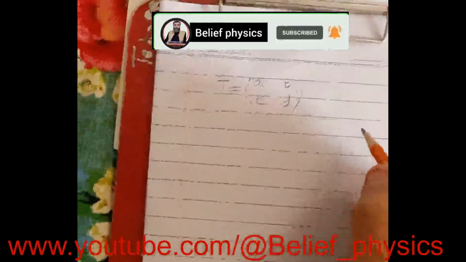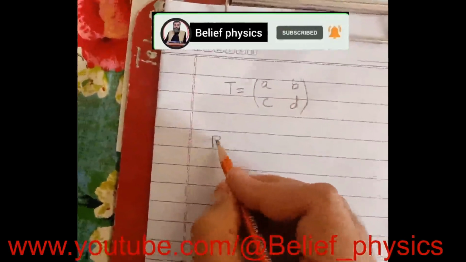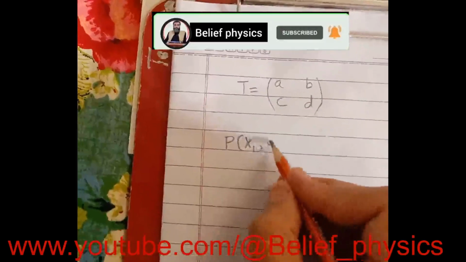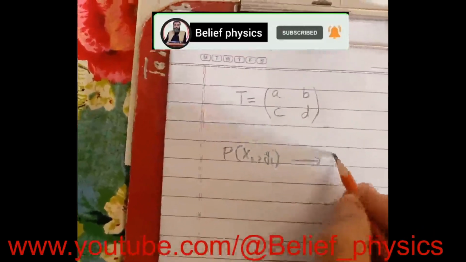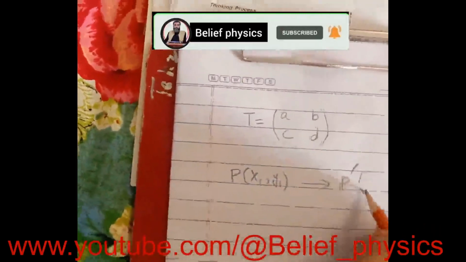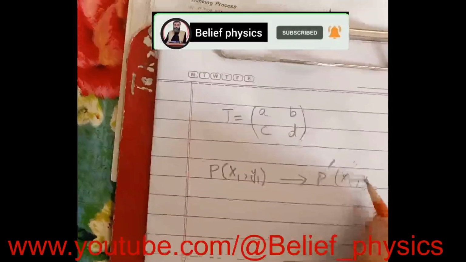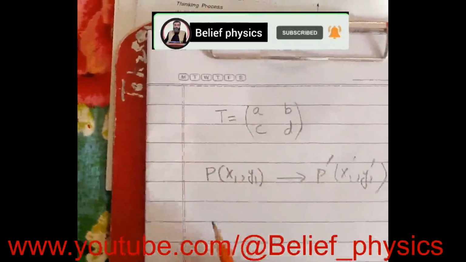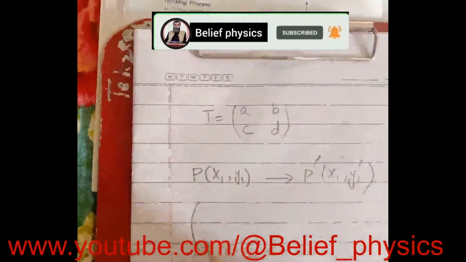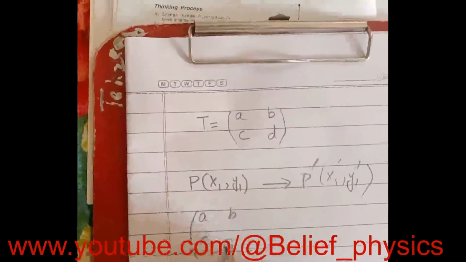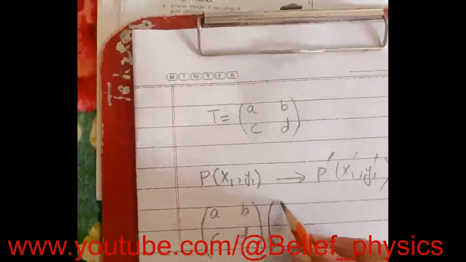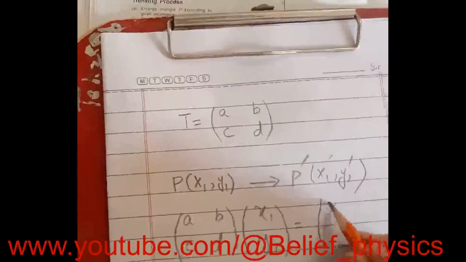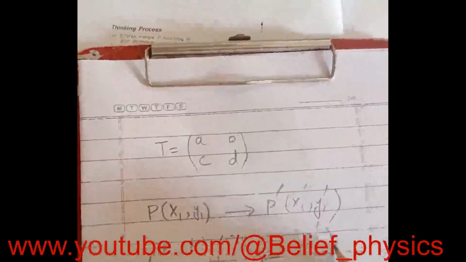If I have a point P, whose coordinates are x1, y1, and its image is P dash, which is x1 dash, y1 dash, then how to represent this by matrix? The matrix representation will be the transformation matrix ABCD times the object points x1, y1, should be equal to x1 dash, y1 dash.